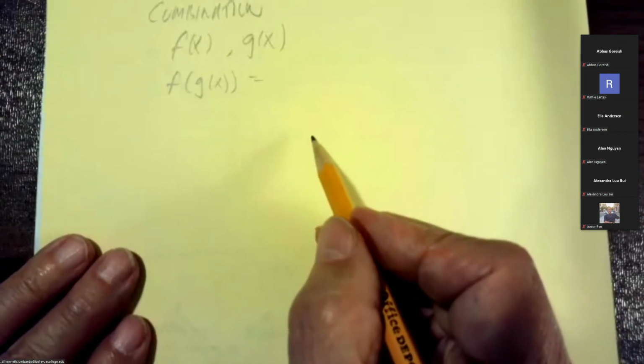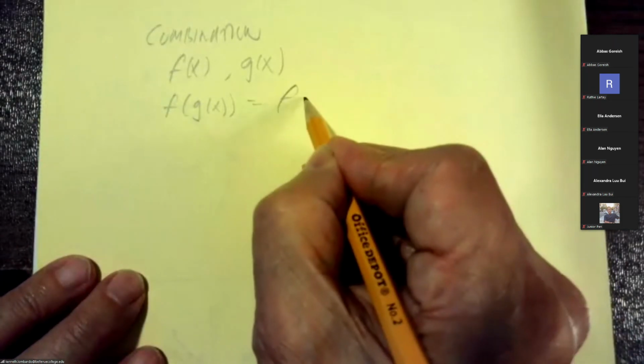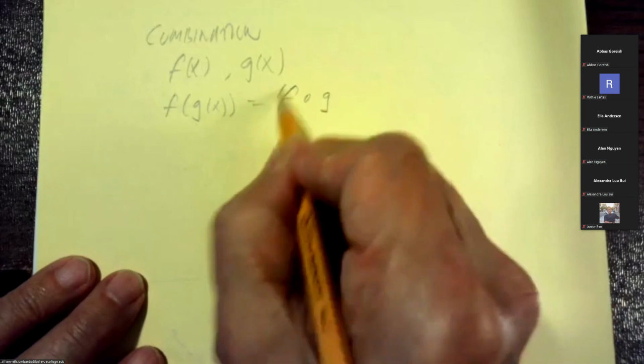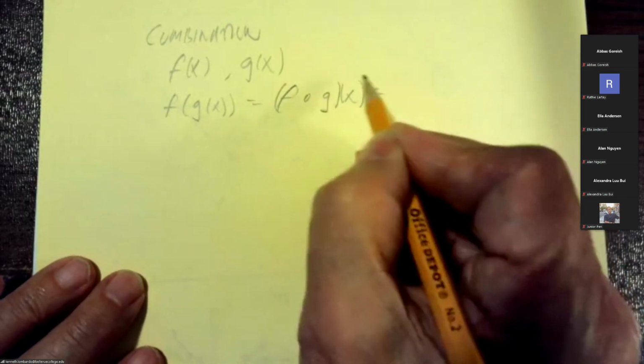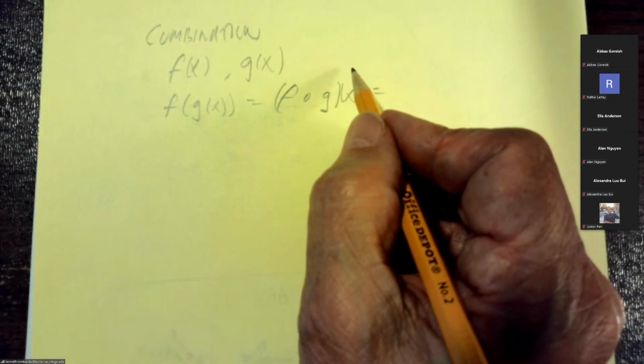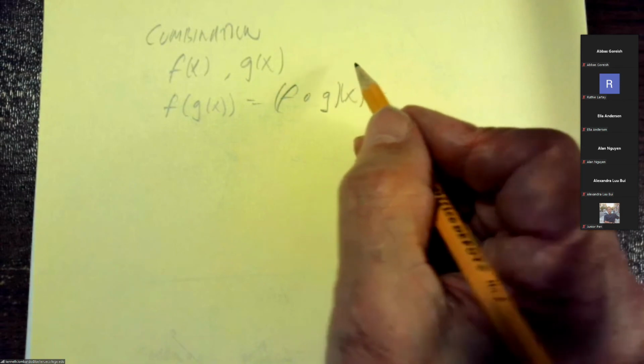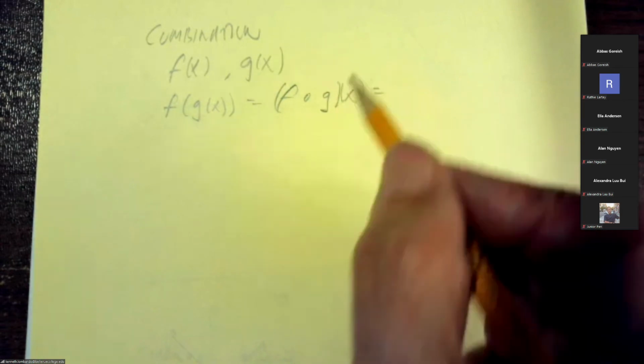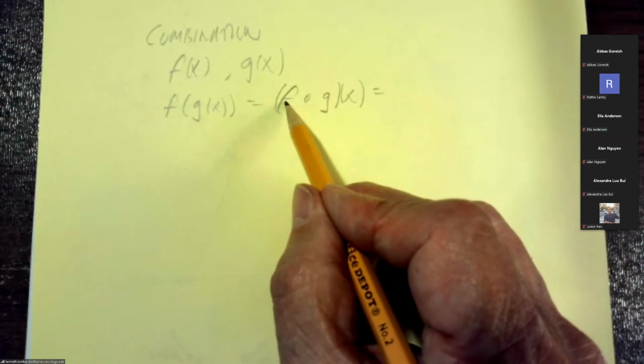And we can rewrite that in another form. We could say f of g of x. Okay, so just keep in mind then that we have the ability to, well, let's put in an example here.